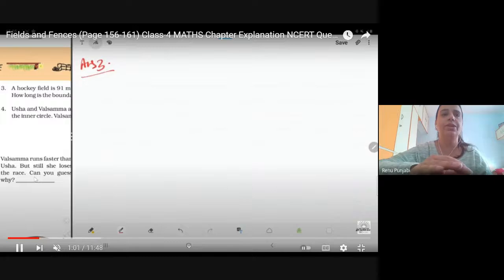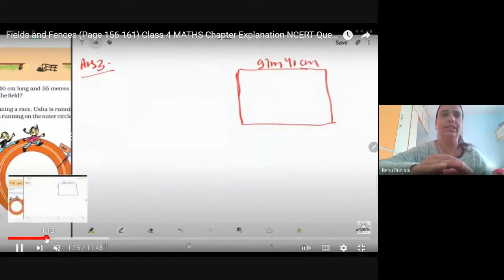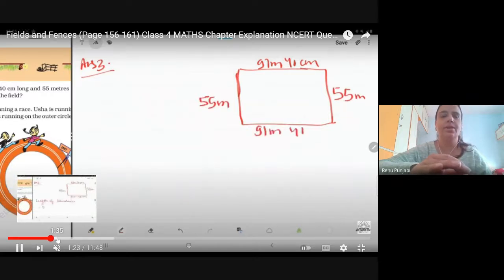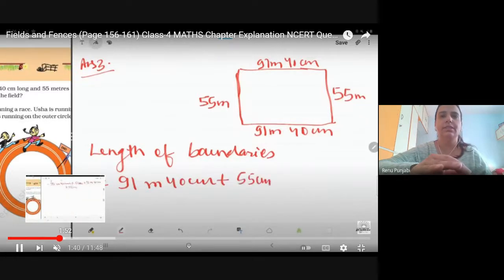If you want to do it in the notebooks, you can. This is 91 meters 40 centimeters and this is 55 meters. So both the sides will be the same. Then what you have to do is add the length and breadth and multiply by 2.